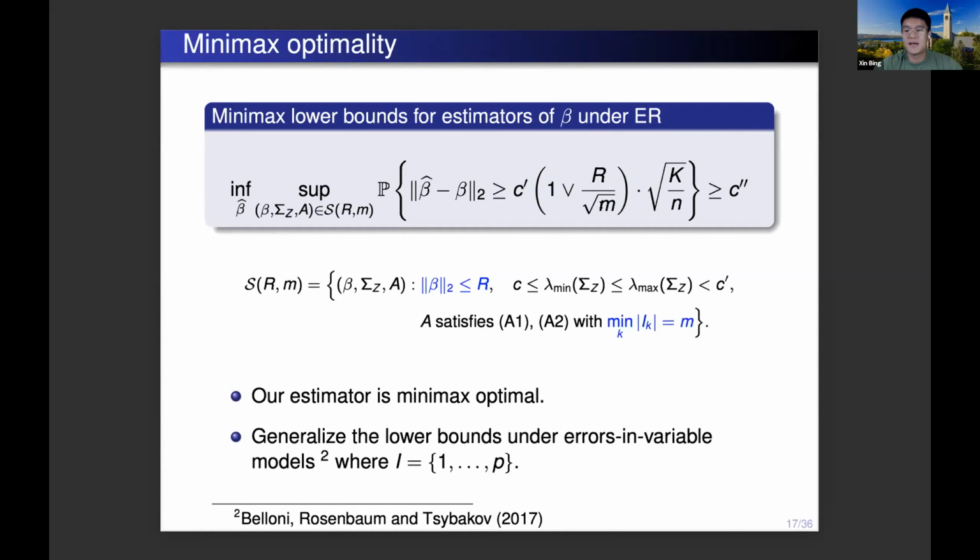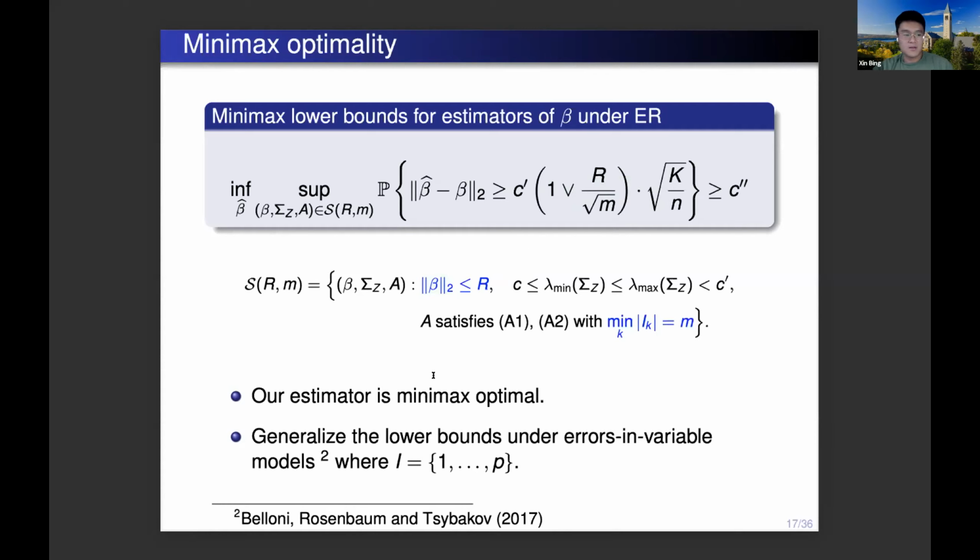However, we're observing a kind of converse phenomenon, that is, the larger R is, actually the problem gets harder. And this is because we are not observing Z, so we cannot really interpret this beta 2 norm as the signal strength as usual. And this explains why this type of rate is non-standard.